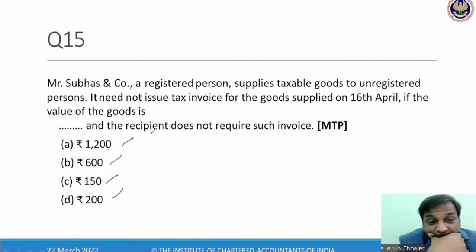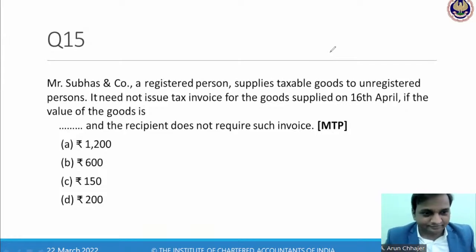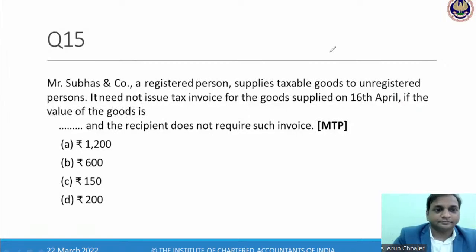Important question, question number 15. A, B, C or D. Give me the correct answer.